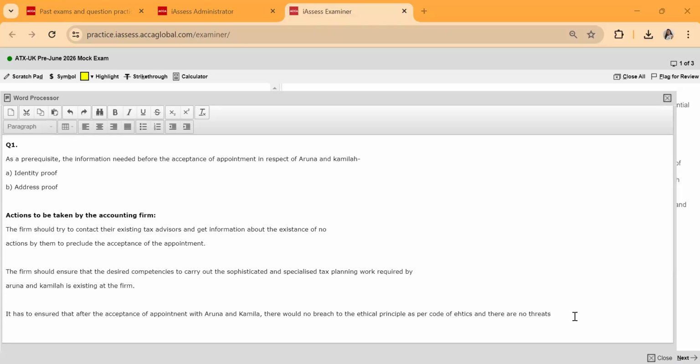Okay, and there are no threats to the compliance with the ethics, right?